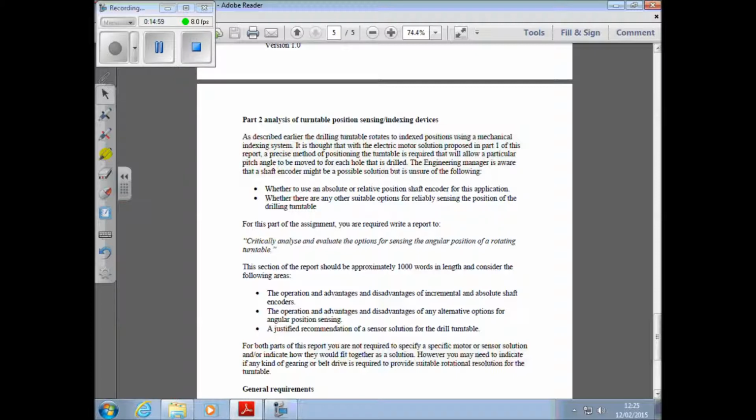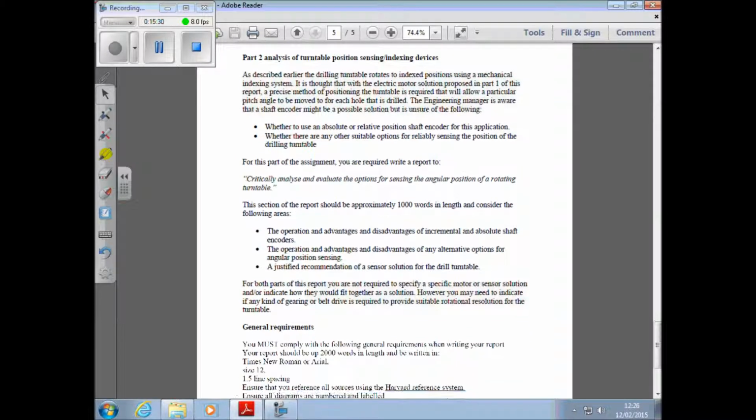But if, to get the angle steps you need, or the drive requires you to have any kind of gearbox or belt drive, then you should be saying that and how that's going to affect the angles that you can achieve. So you might go direct drive, you might have to run through a gearbox. But that's your choice.